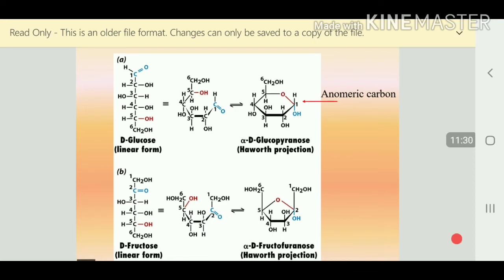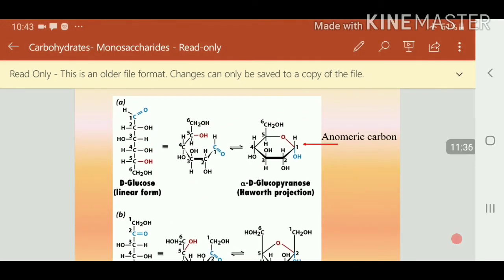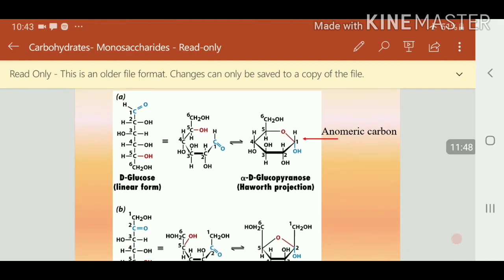What you will notice is that when glucose is written in straight chain form, see towards the left hand side, in the carbonyl group, carbon number 1 is not asymmetric or not chiral, but after the ring structure is formed, carbon number 1 becomes asymmetric.